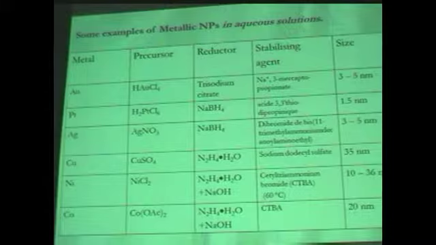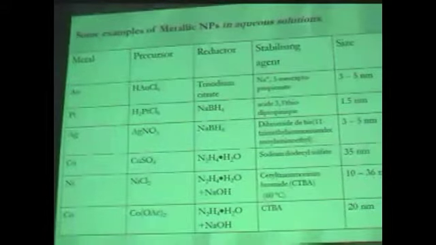For instance, we can also cite the methods of synthesis of gold with trisodium citrate, but we can use also mercaptopropionate as a stabilizing agent, and this synthesis gives the best results as previously mentioned for the Turkevich method, providing relatively good small nanoparticles with a size ranging from 3 to 5 nanometers.